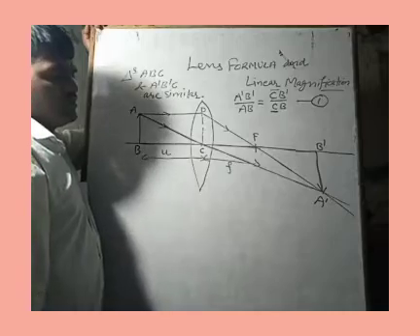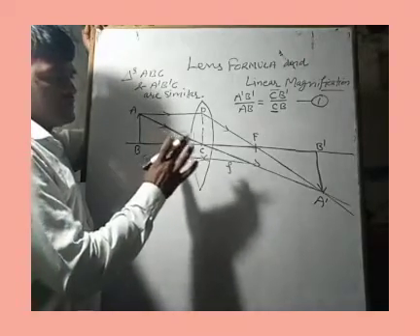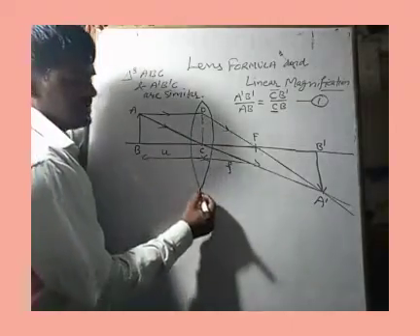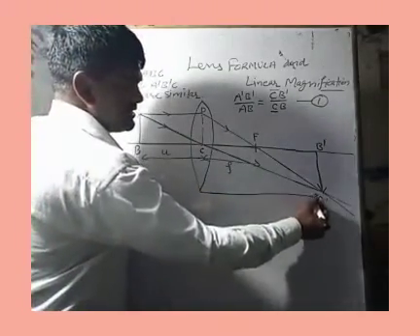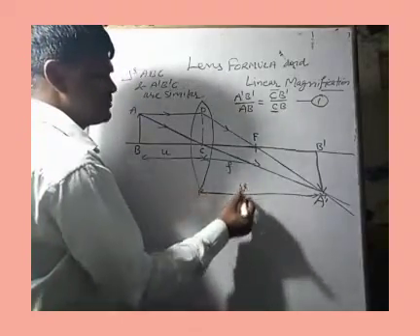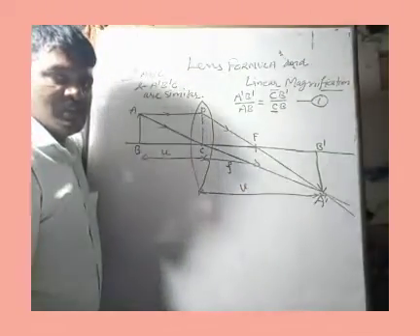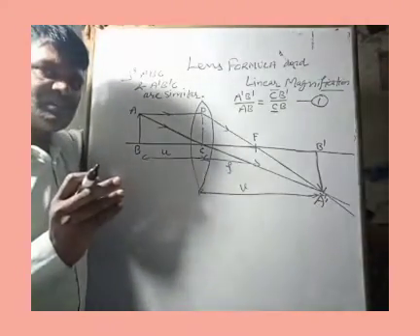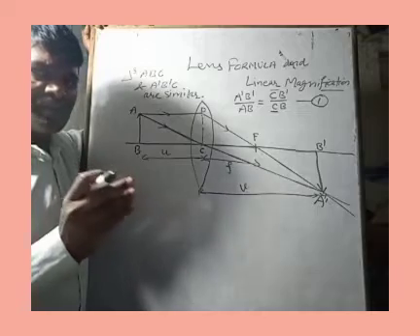We know that for a convex lens, this focal length is taken as positive. Then CB dash is the distance of the image formed, hence it will be v.